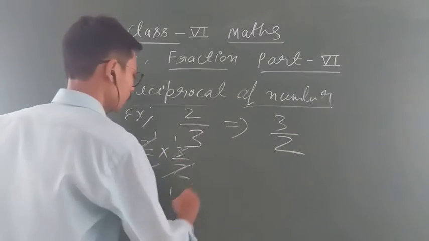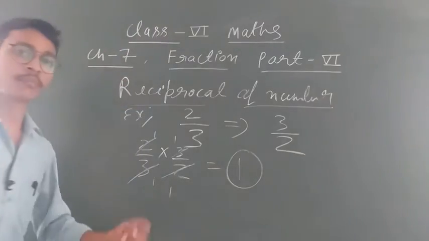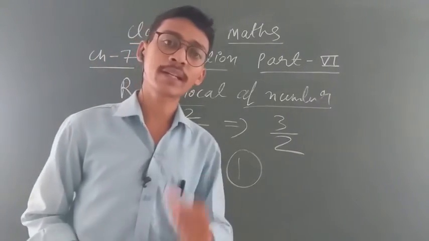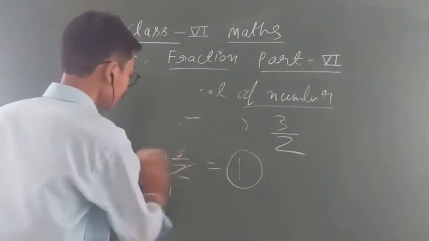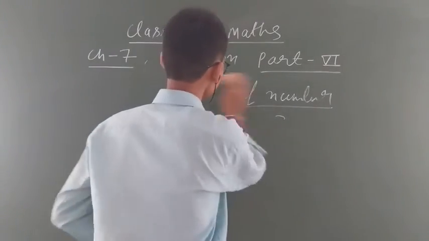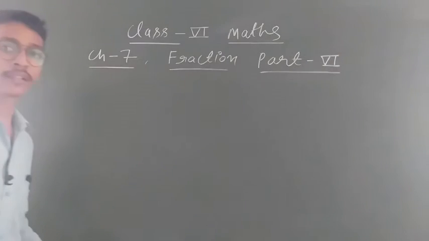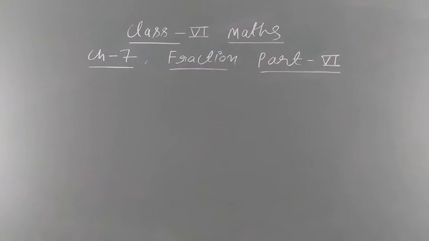What is left, student? Only 1. It means this is correct. But you don't have to prove it. You can write directly. So student, this is the basic concept of the reciprocal. Okay student, I think now you are able to understand what the reciprocal is. So you will solve the question based on this.